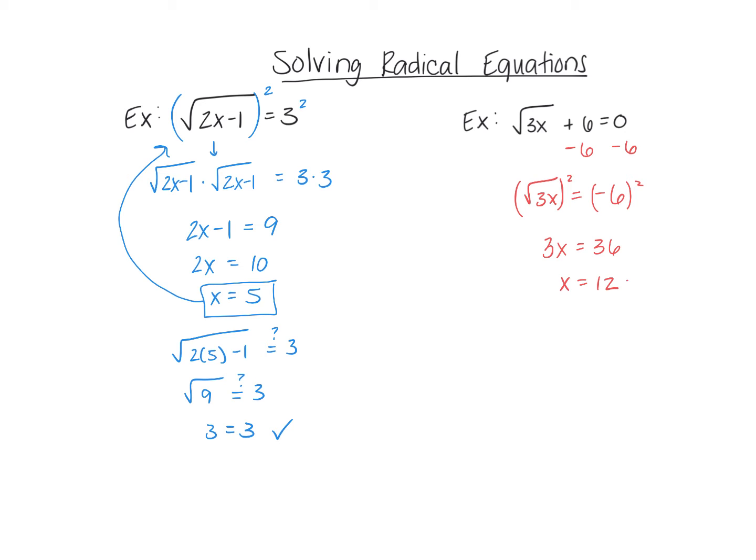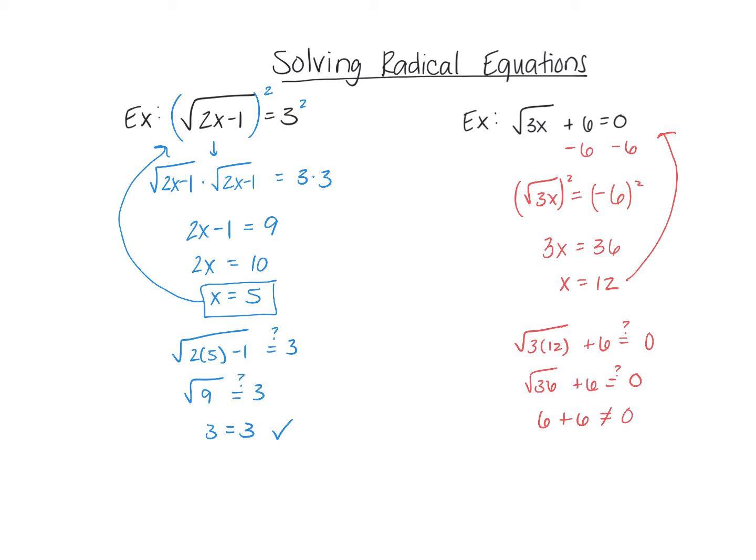You do need to make sure that that works if you plug it back in. So if you look at your original, the question is, does the square root of 3 times 12 plus 6 equal 0? Well, 3 times 12 is 36, and the square root of 36 is 6. Does 6 plus 6 equal 0?